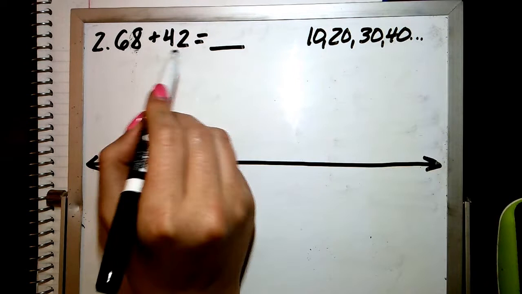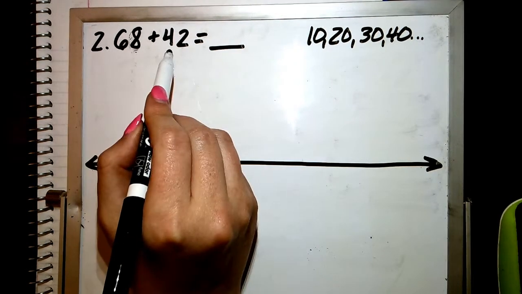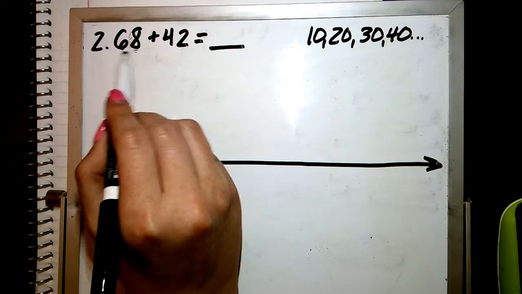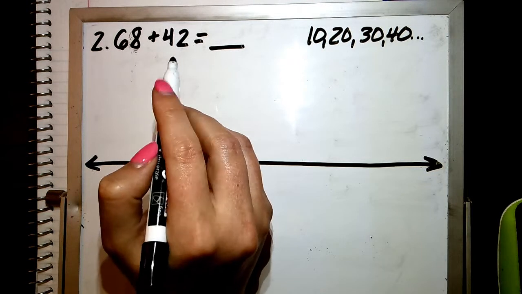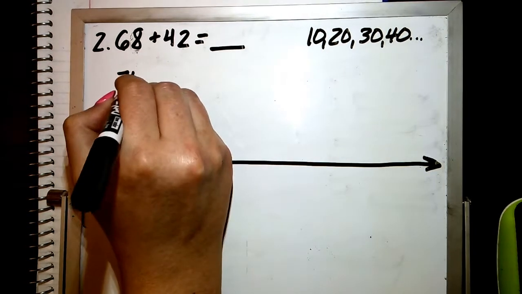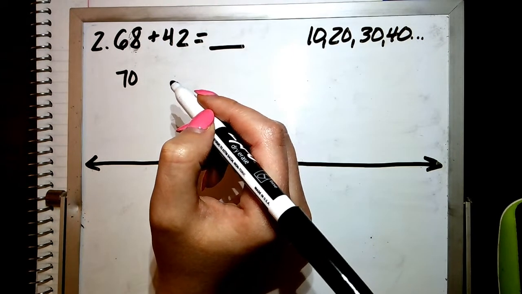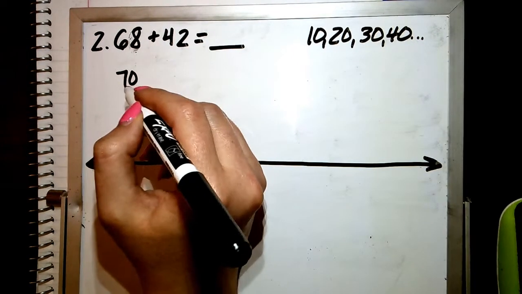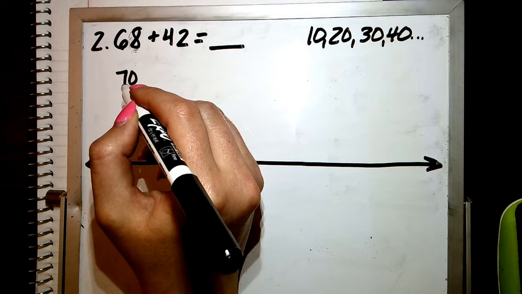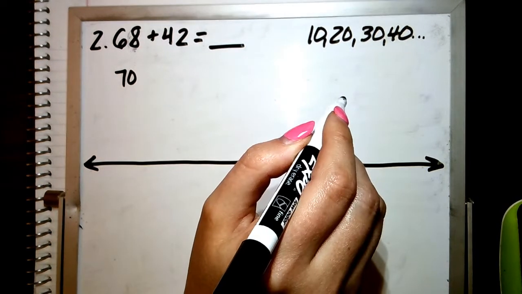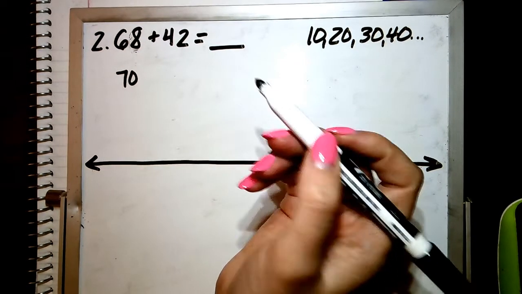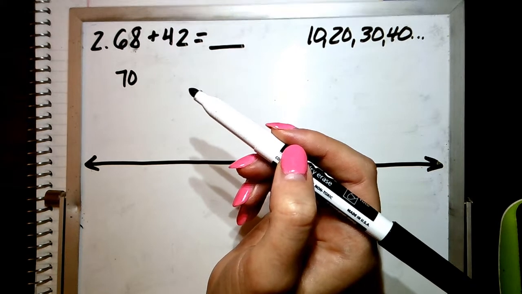So I'm looking at the numbers that I have, 68 and 42, and I notice that 68 is really, really close to the number 70, isn't it? I only need 2 more to have 70. And that's a multiple of 10. So if I can get to 70, it's going to be smooth sailing the rest of the way because then all I have to do is add groups of 10, and that's easy from a multiple of 10.